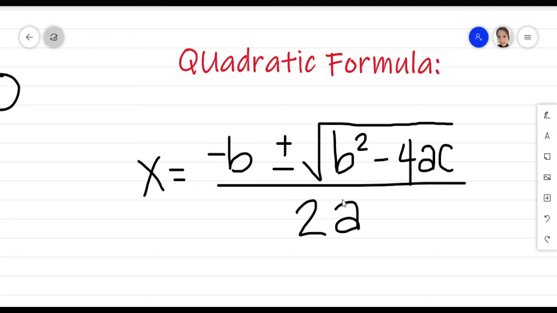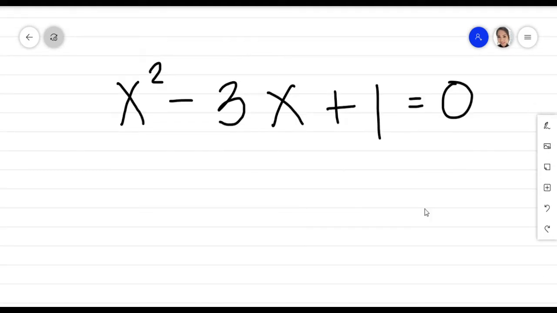However, I encourage you to use it for those that are non-factorable. Check if it can be solved by extracting square roots. Check if it can be solved using the Vedic method. If those two methods cannot be used, then we have to use the quadratic formula.